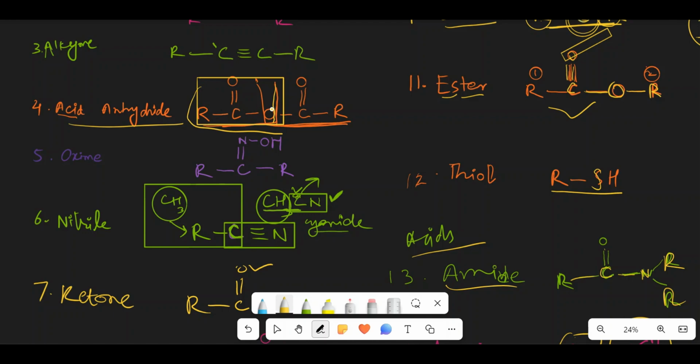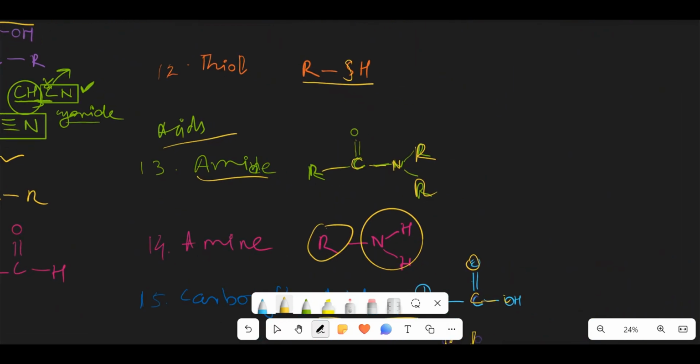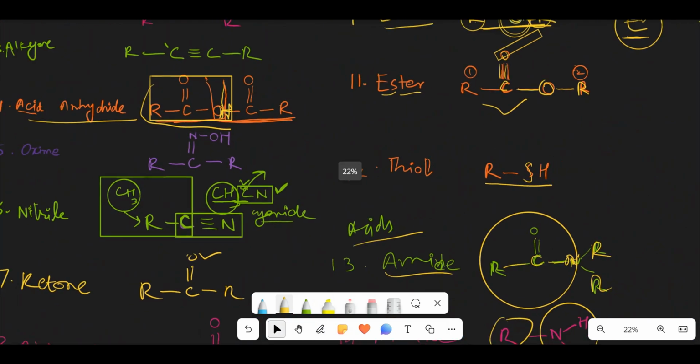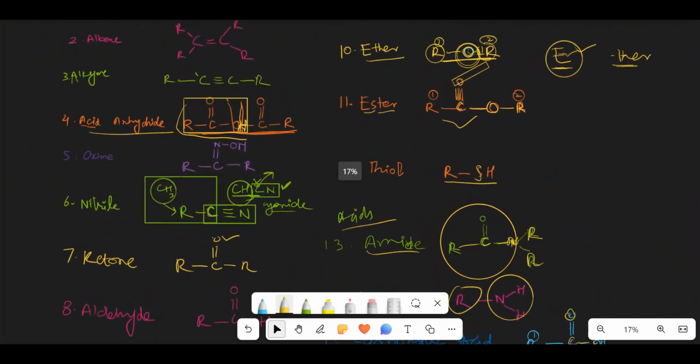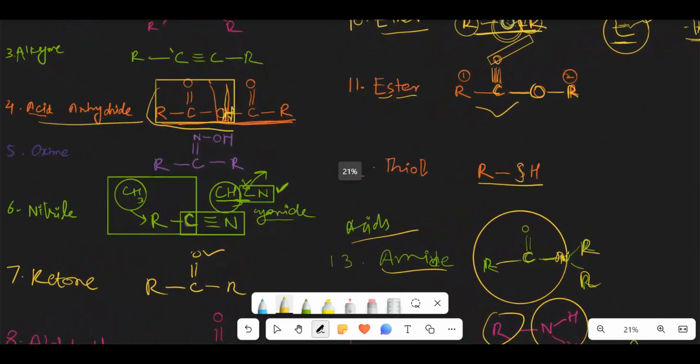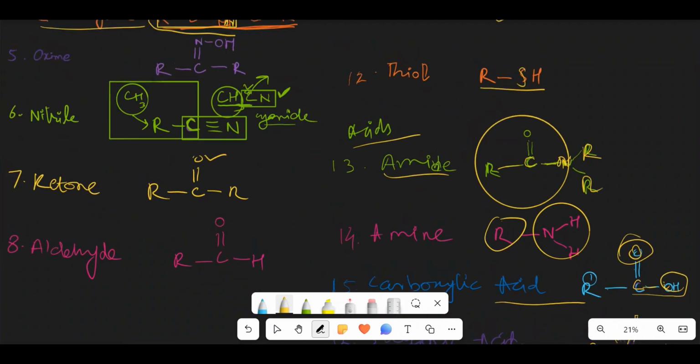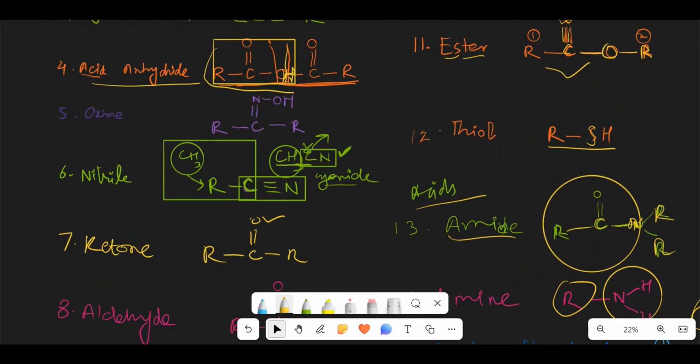If we add one hydrogen, it makes an acid, and here if we add one hydroxyl, it makes an acid. So both of these compounds show somewhat similar properties to the acids. That is why these are called acid, because carboxylic acid, you know, has a hydroxyl group and one oxygen attached with the carbon with a double bond.